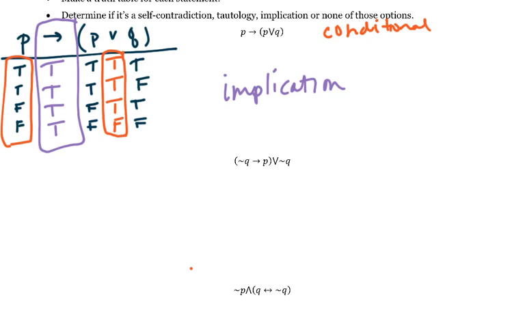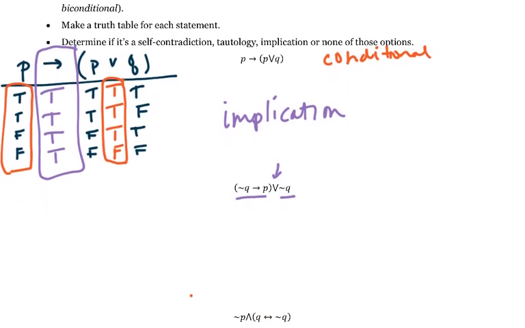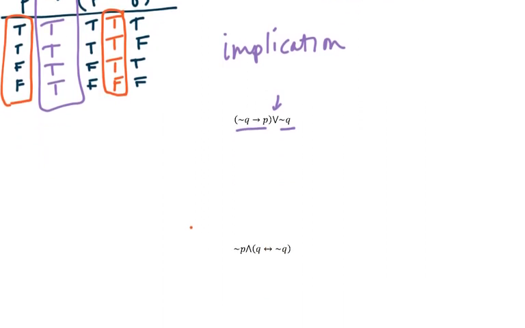The second example, we have a conditional here and a negation here, but the overarching, I guess, operator, if you think about it like that, is an or statement, so it is a disjunction. And again, I'm going to pause and suggest you pause while I do the truth table.